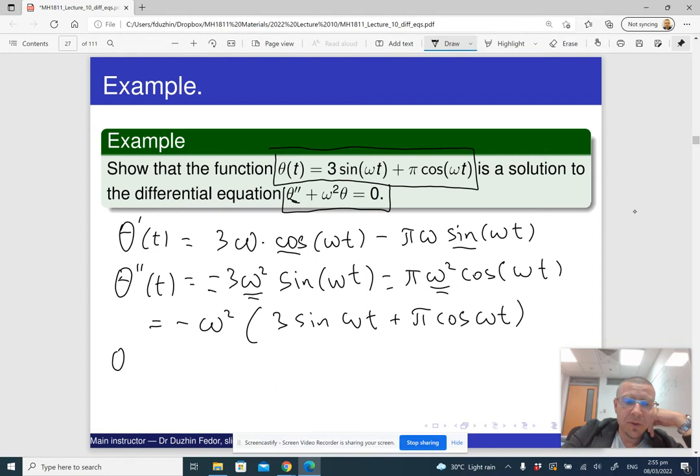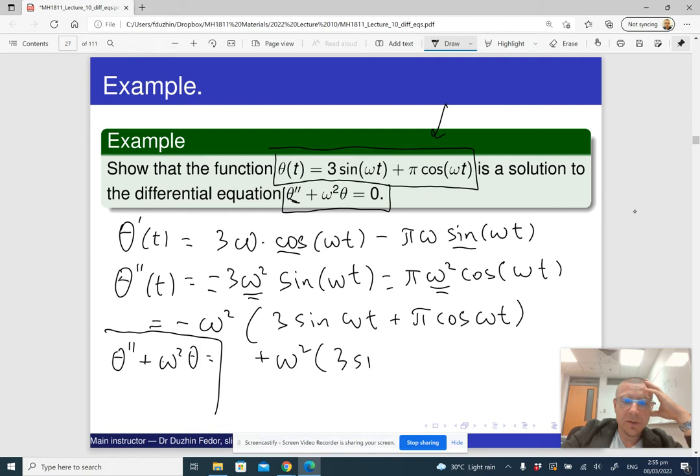So what is now theta double prime plus omega squared theta? Well, basically I've just written down theta double prime. So what I need to do, let me just add plus omega squared times my theta, and here is my theta, so I just need to copy it down.